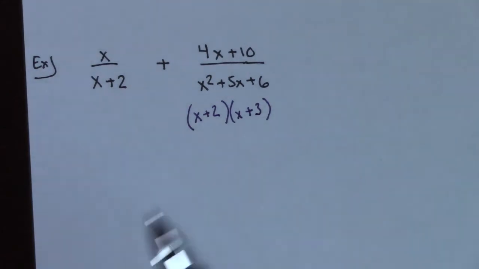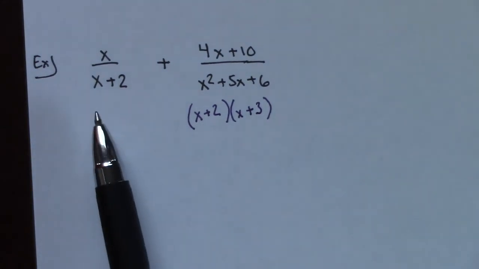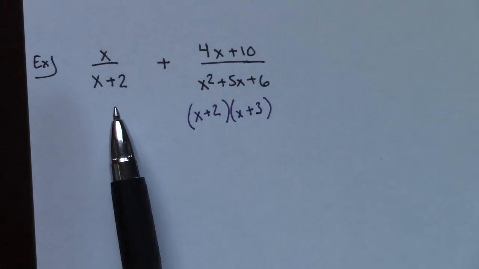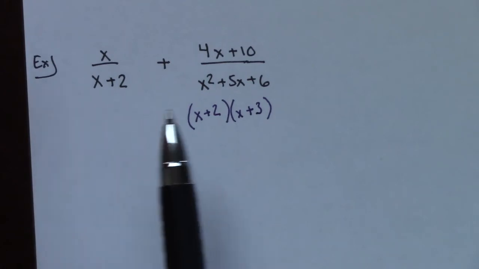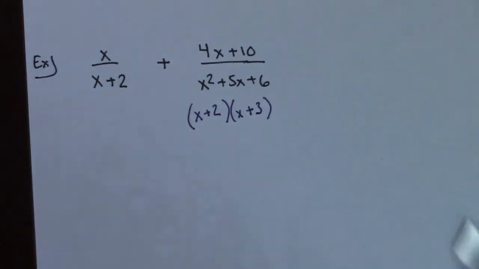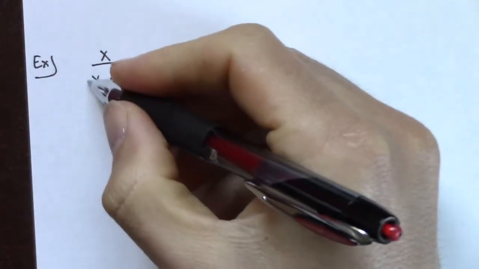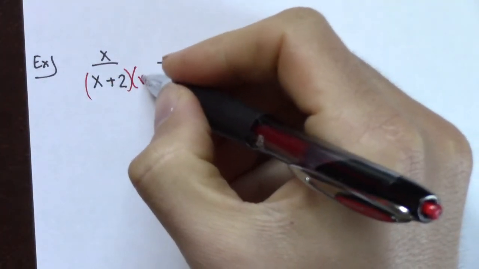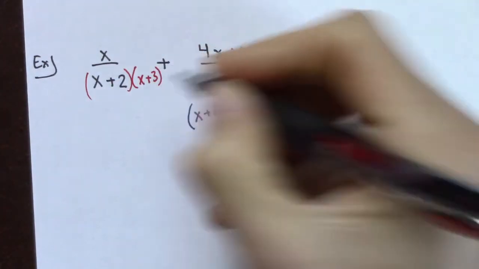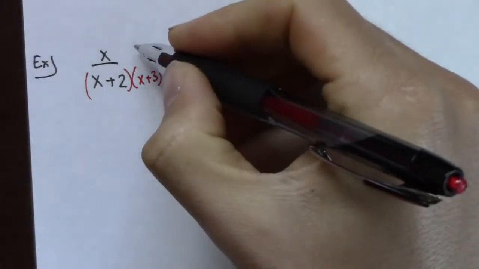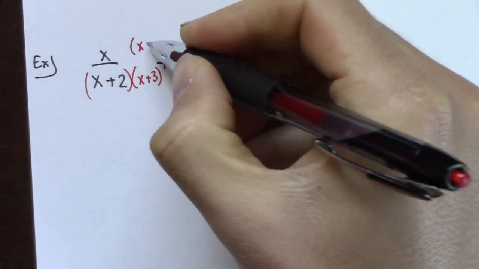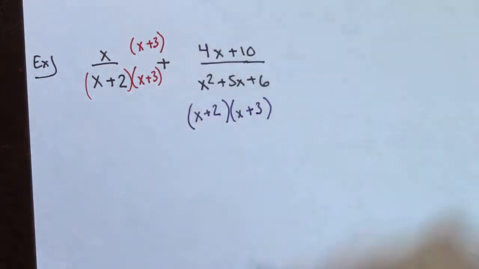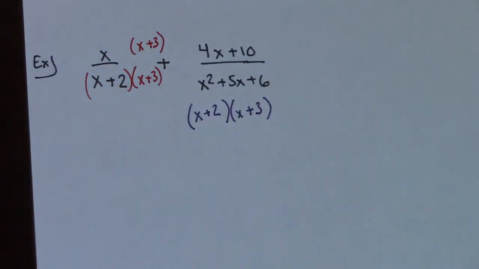So what that means is if I'm going to turn this first fraction, in order to have the same denominator, I need a factor of x plus 3. So I'm going to include an additional factor of x plus 3. Whatever I do to the denominator, I have to do to the numerator. Okay? Here's where we've got to be a little careful for these problems. I'm now going to rewrite what we have.